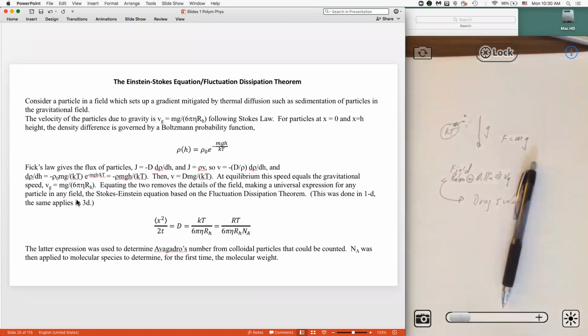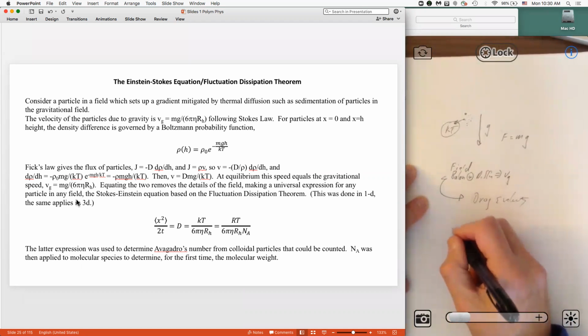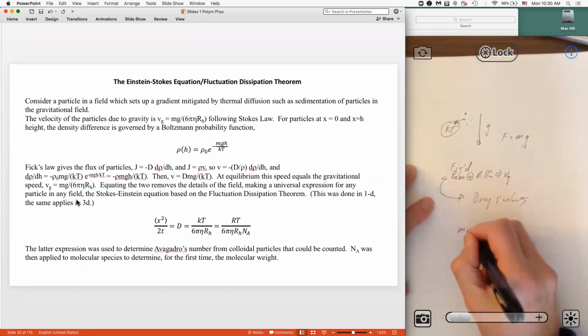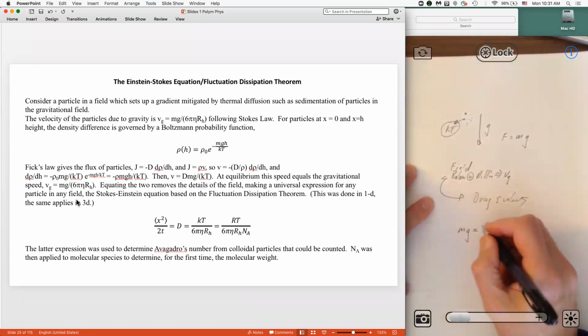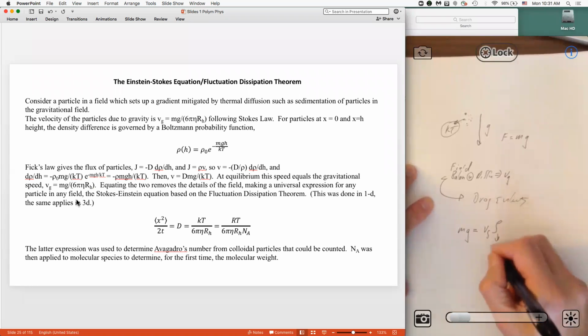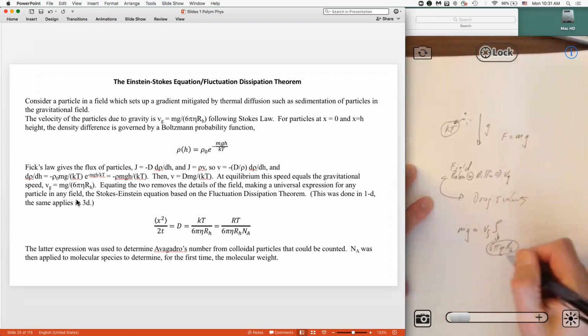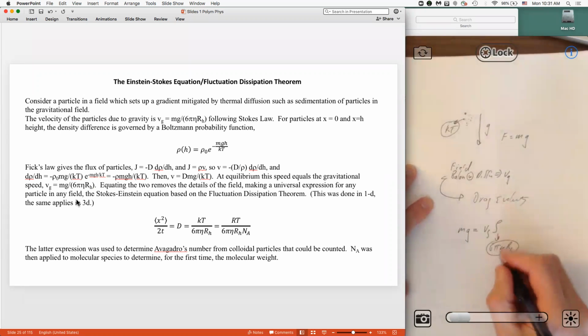So basically, the gravitational velocity. The mass times acceleration is going to equal the velocity times this friction coefficient. And the friction coefficient from Stokes' law is 6 pi times the viscosity times the hydrodynamic radius. That's derived separately in the mid-1800s, like 1850.